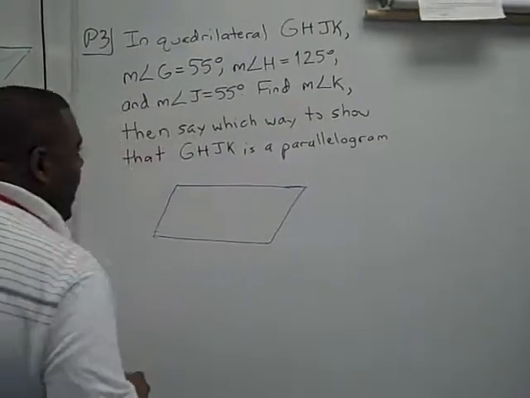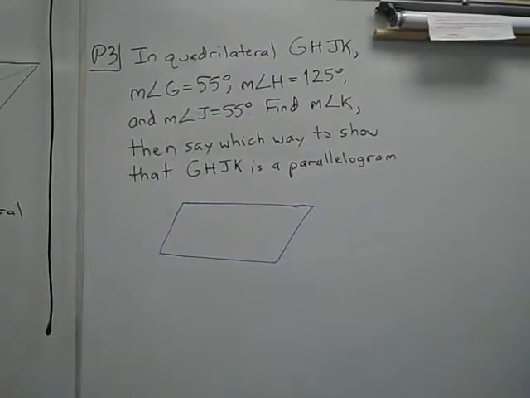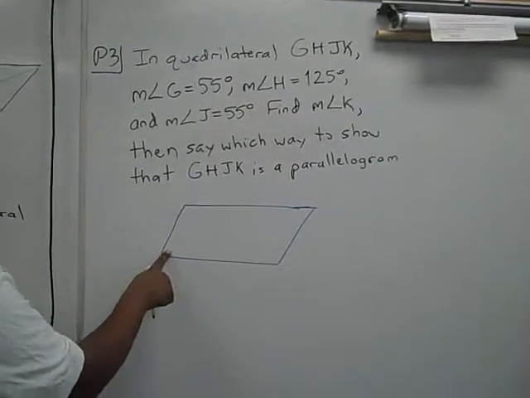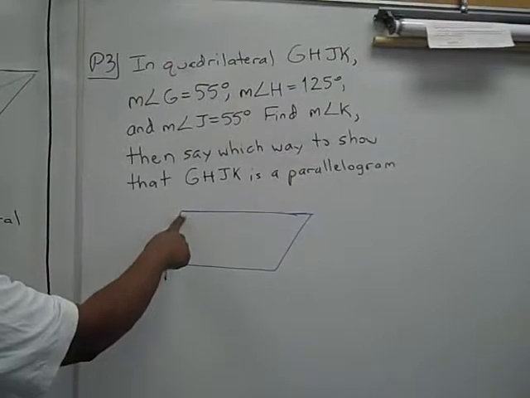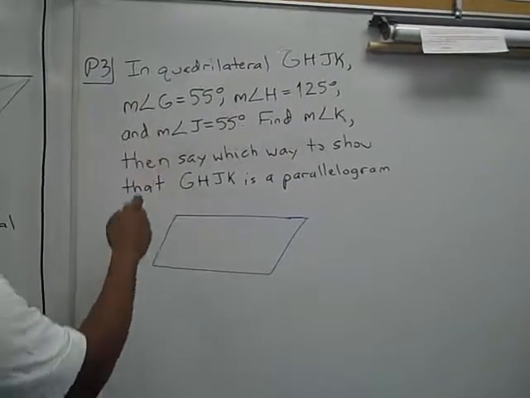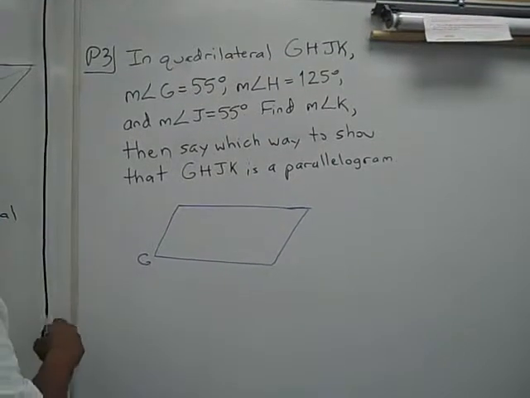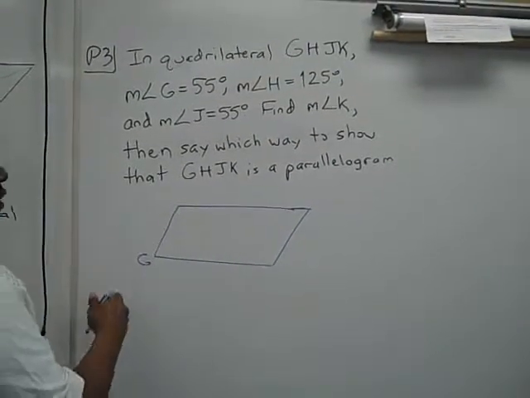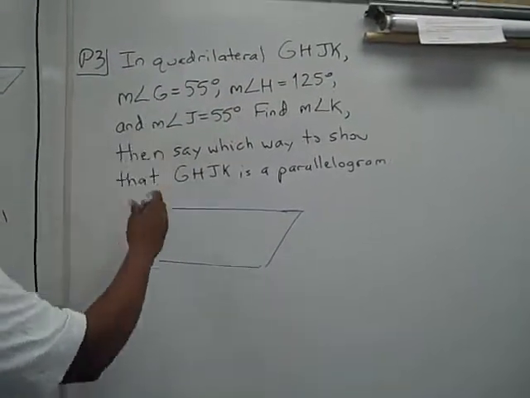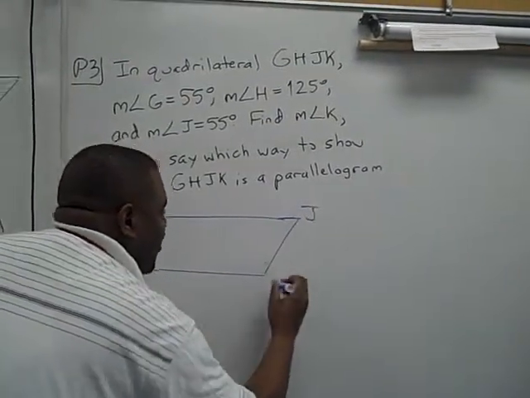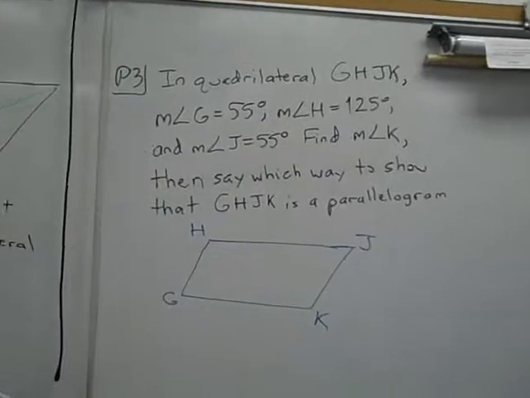Okay. And let's see here. Since this is an acute angle as opposed to this being an obtuse angle, I'm going to go ahead and label G right here, then go around the shape clockwise with these letters. So H is right here, J is right here, K is right there.